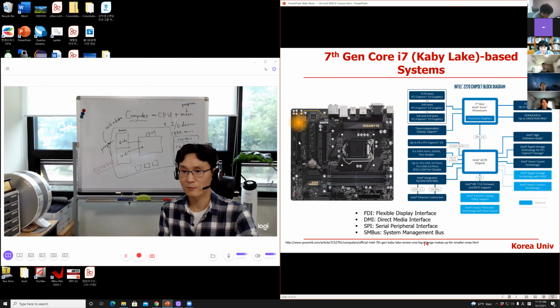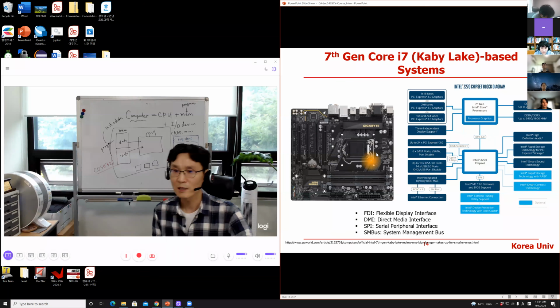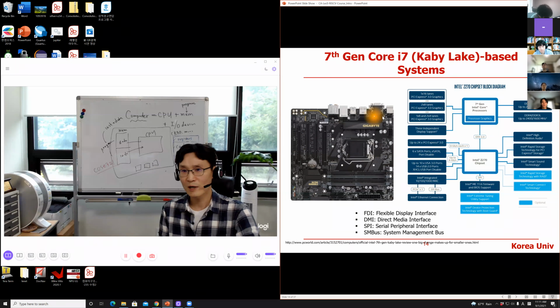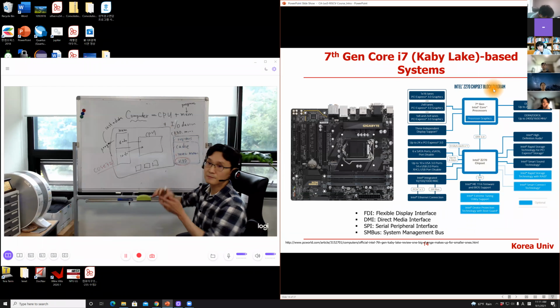That is how old? I think roughly a 4 or 5 years old computer. Look at this: a 7th generation Intel processor, and you have one chipset. That is the CPU.